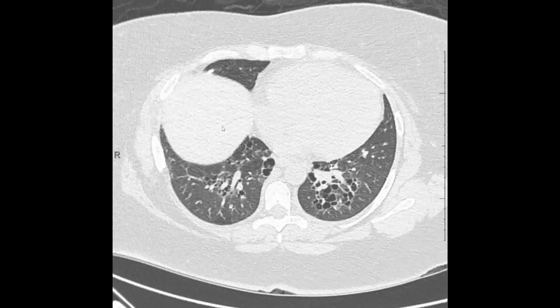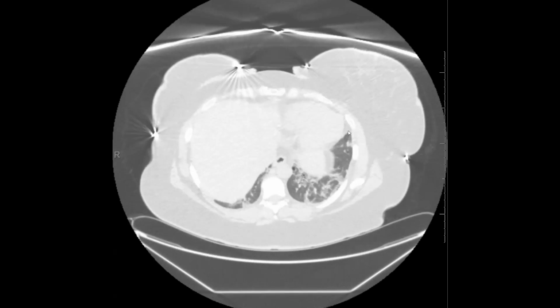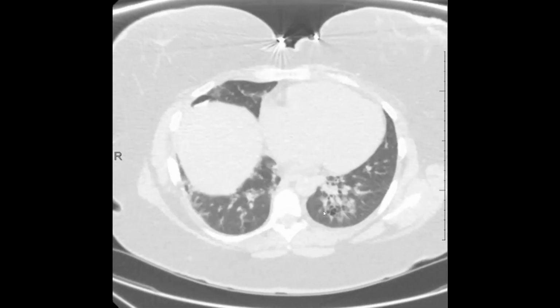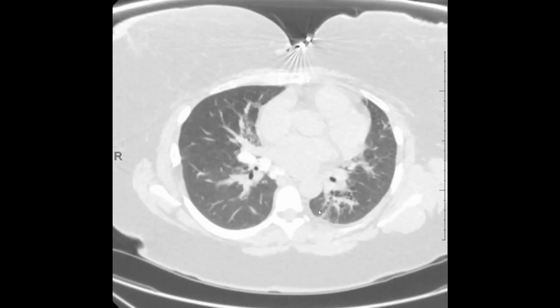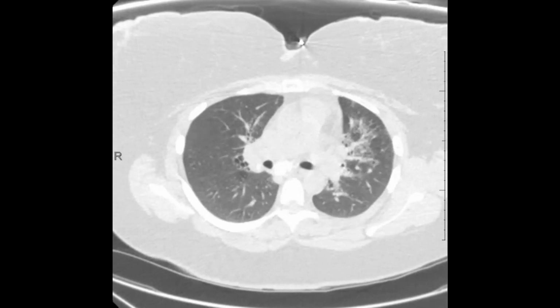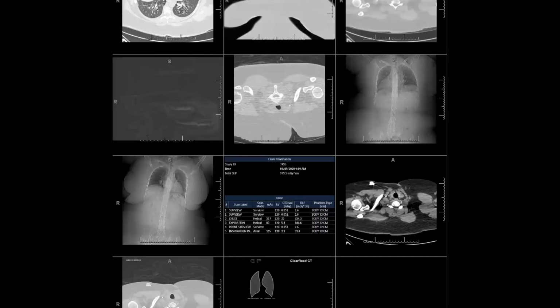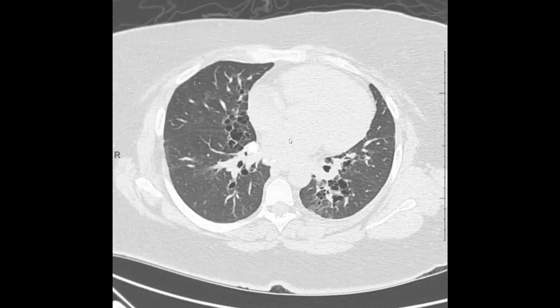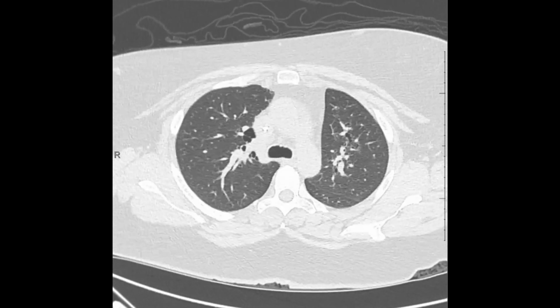Remember, it emanated from this pattern here. So we had much more ground glass opacity, a little bit of perilobular opacities, some reticulation, not as much cystic abnormality. So this evolved into that predominantly cystic change, which again is often seen in patients with connective tissue disease.